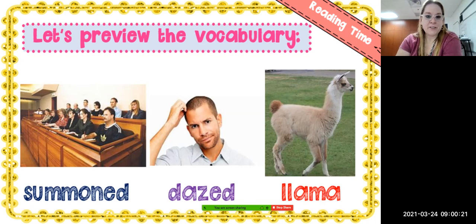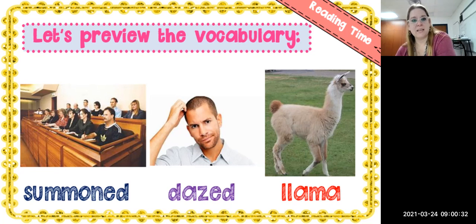Some of our vocabulary words in this story are the words summoned, which means you are called to do something. Like in our story, I think that the king is going to summon his knights. He's going to call them to go do something. The word dazed means that you are confused.